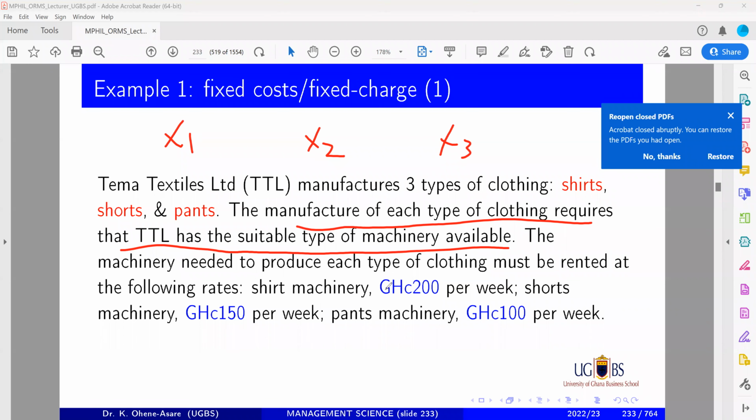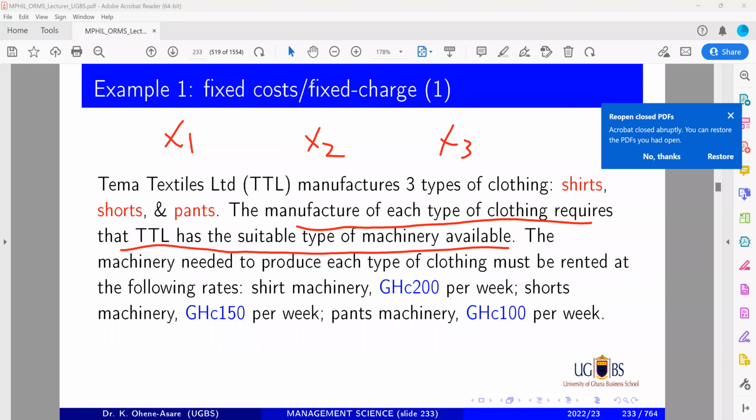You need to decide on whether or not you want a shirt machinery. And therefore, those items will have to be decided on. But their decisions are just two-way decisions. You don't simply decide on the number of shirt machinery. No, it's not about that. It's deciding whether you want shirt machinery or you don't want it.